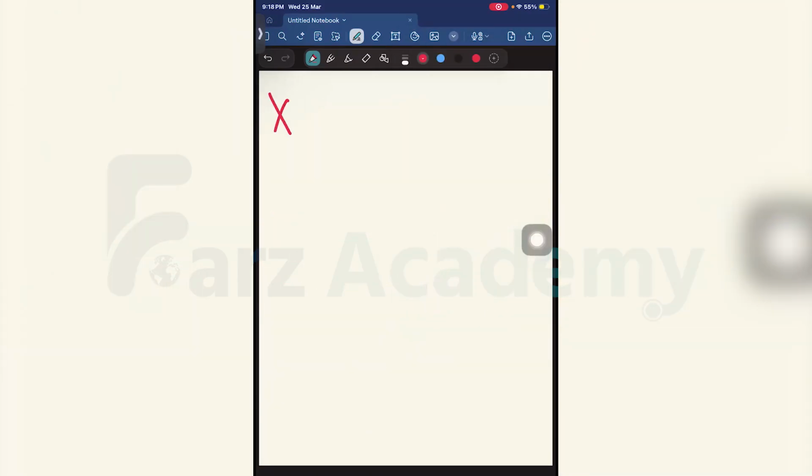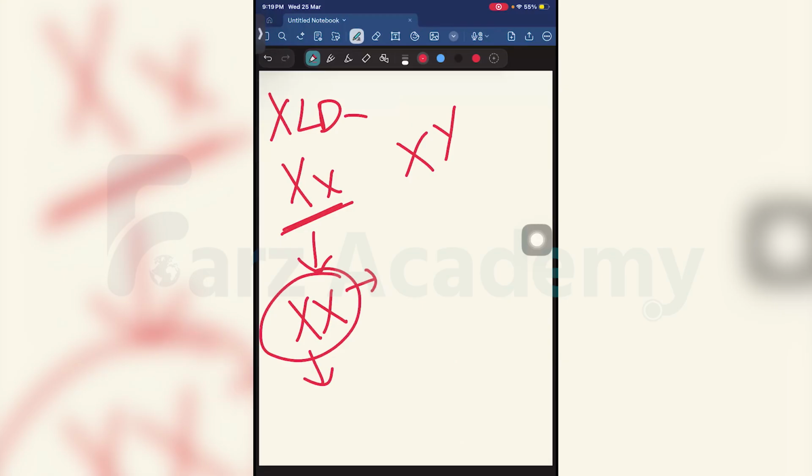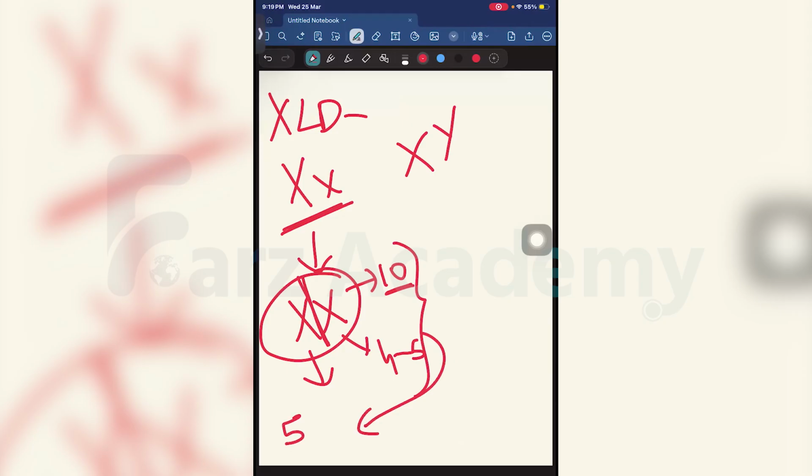Now let's discuss that. X-linked dominant. This was the female, this was the male, right? Females have two X chromosomes. Suppose these two X chromosomes together are doing 10 functions in my body. If one goes away, do you understand that still 4 to 5 functions would be normally done? That is why out of 10 symptoms, maybe I will only develop 5.